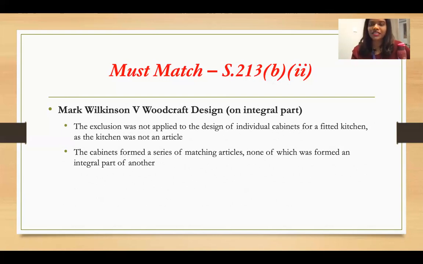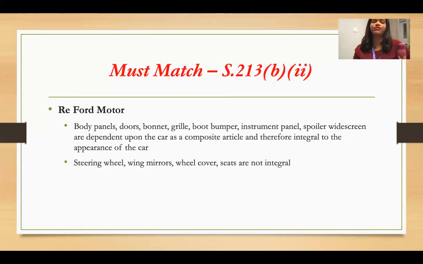When we talk about must match, all you need to remember is the saleability and the appearance, whether it will disturb the appearance or not. We have another case, the Re-Ford Motor case, which has given a very clear explanation. If you see must match, we don't really have a lot of case law explaining it, but we have the case of Re-Ford Motor, which explained a bit further what must match means.